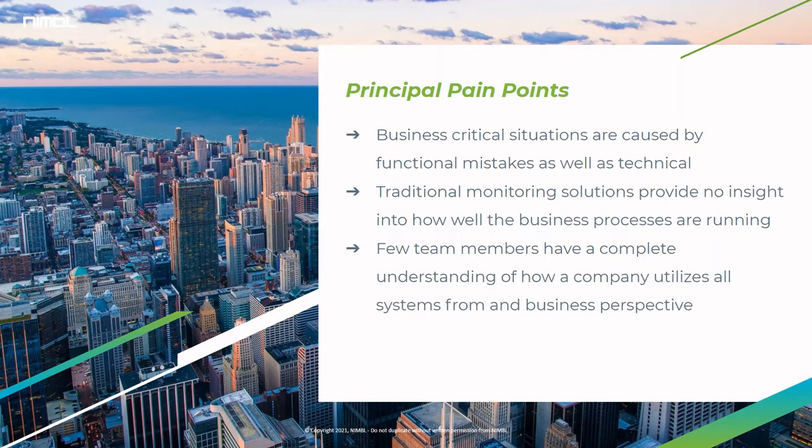So if you have a specific interface between two systems that is critical for a business process, you can include that in your business process monitoring dashboard, so that when that interface goes down, you know exactly the business process that's going to be impacted, and you can quickly respond to that issue and fix it. So it's really allowing you to drill in and focus on it.